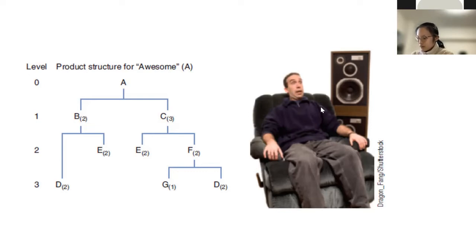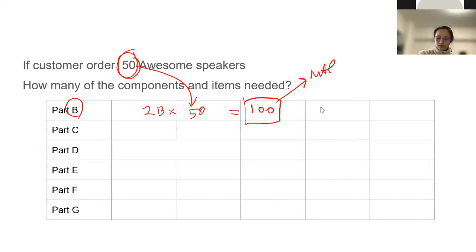How do you get 150? 3 times 50. You need 3C for every 1A, so you times 50, and you get 150. So the material required for C is 150.